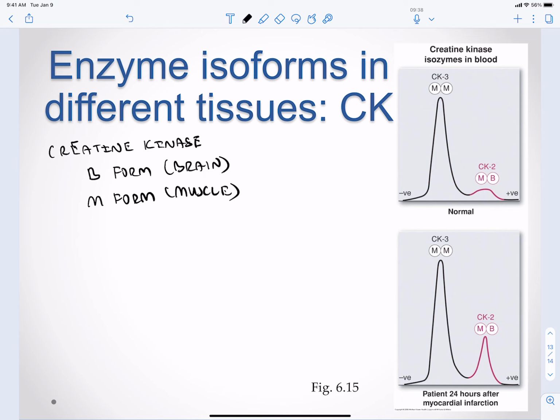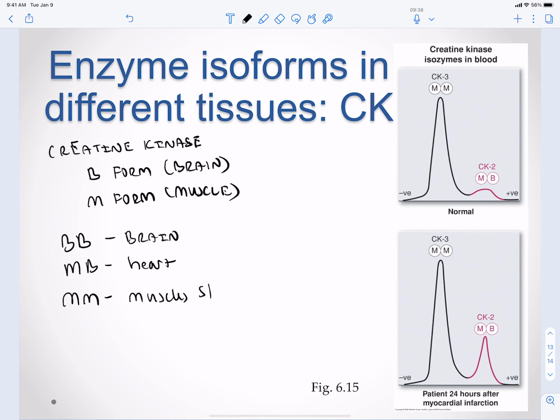Throughout the body you have different forms. For example, you have BB, which is in brain. You have MB, which is in heart. And you have MM, which is in your skeletal muscles. After a heart attack, your heart attack can be diagnosed with an increase of MB in the blood.